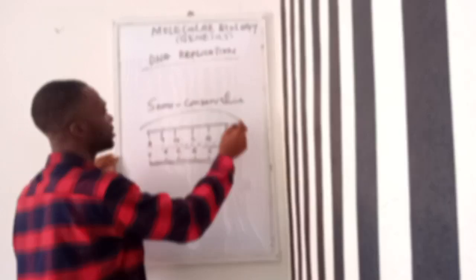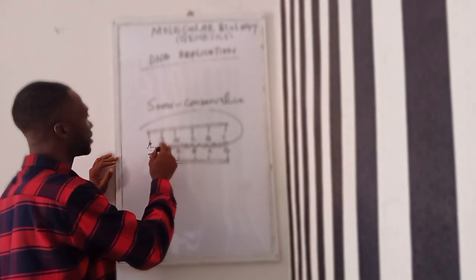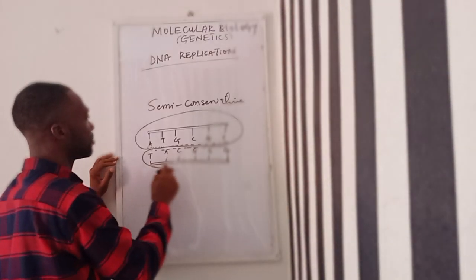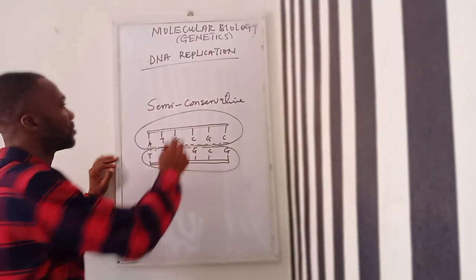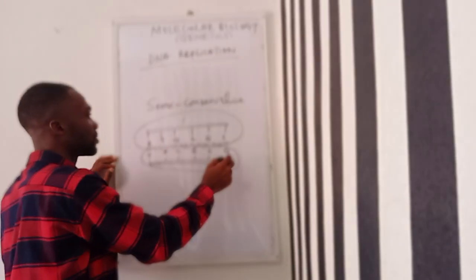This now becomes the newly formed strand, and this other one becomes the newly formed strand. So this is strand 1 and this is strand 2.